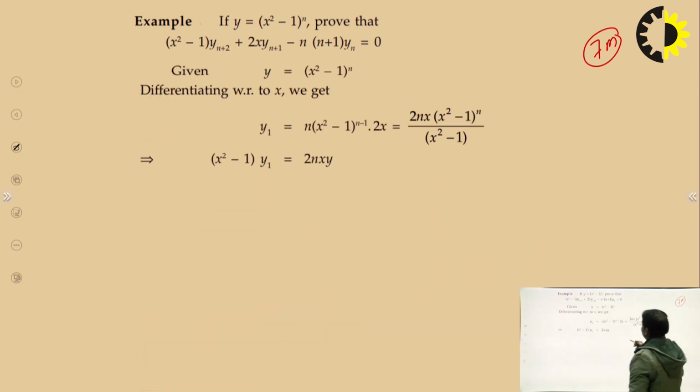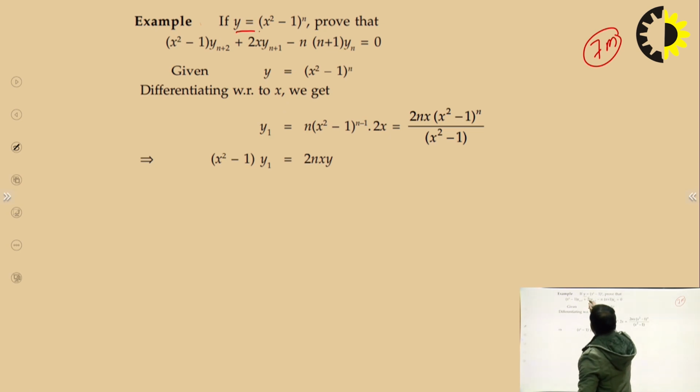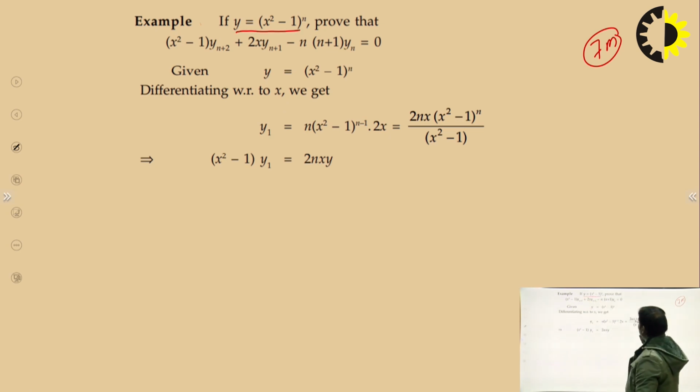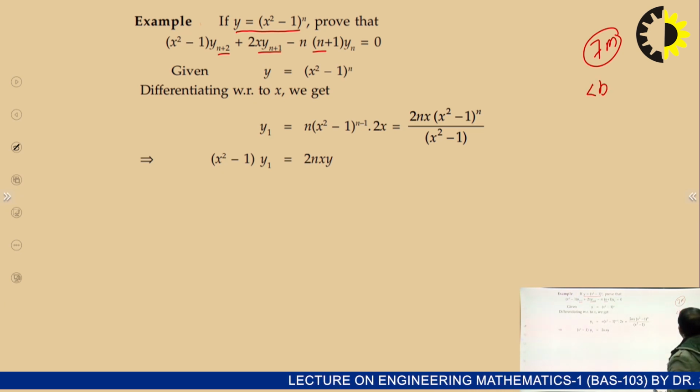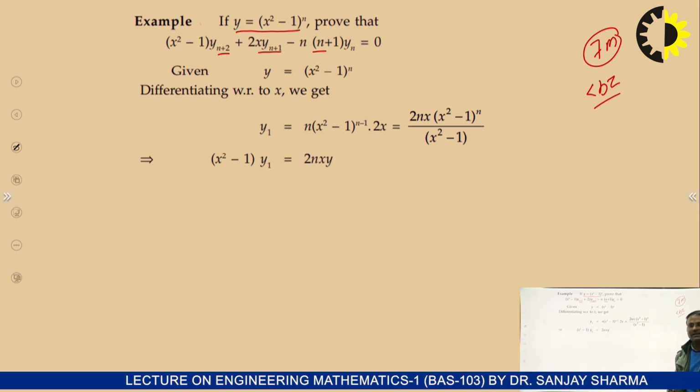What is your question? Here, y is given to you. Then you must prove that yn plus 2 times x squared minus 1, plus 2x times yn plus 1, minus n of n plus 1 yn is supposed to be 0. Students, let us discuss one very important thing here. The Leibniz theorem in short form can also be written as LBZ theorem.